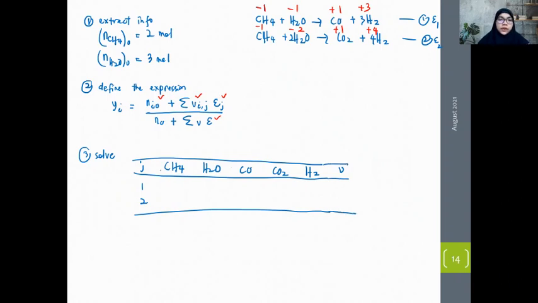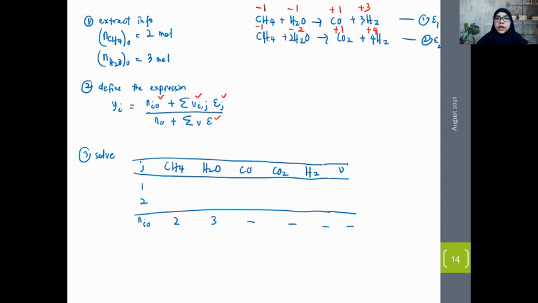So start with methane. And then we can insert another piece of information, n_i initial: methane is 2 and water is 3. The rest we can neglect.